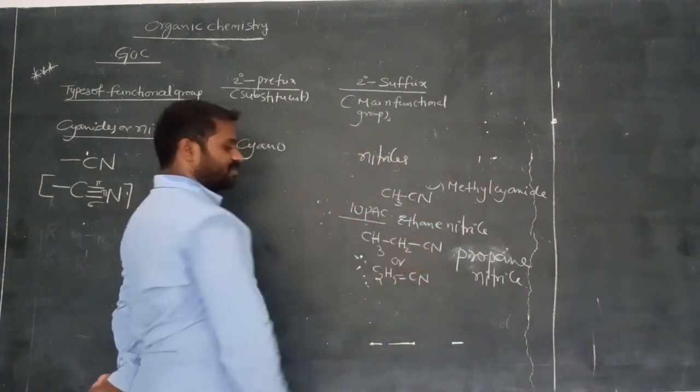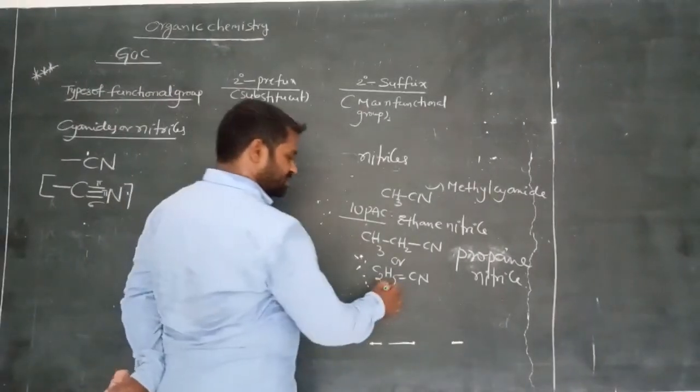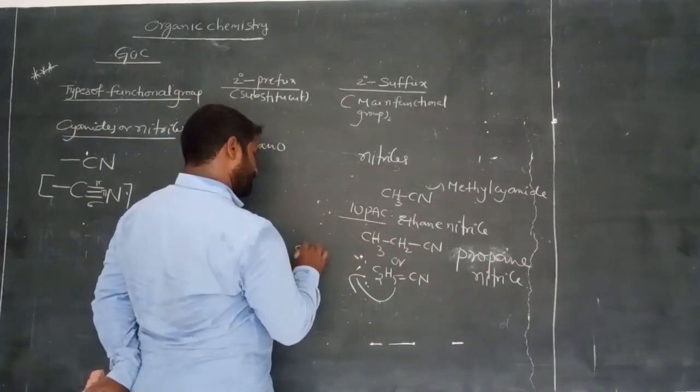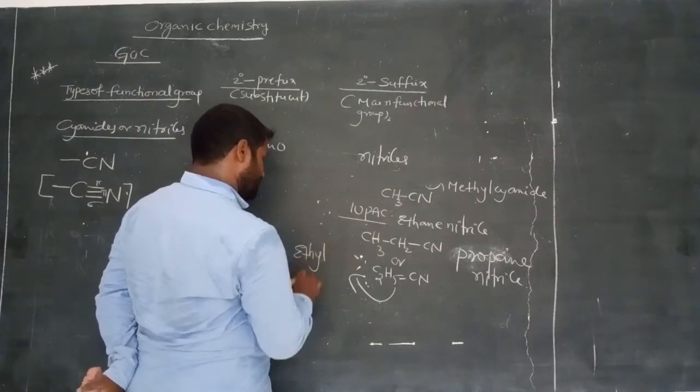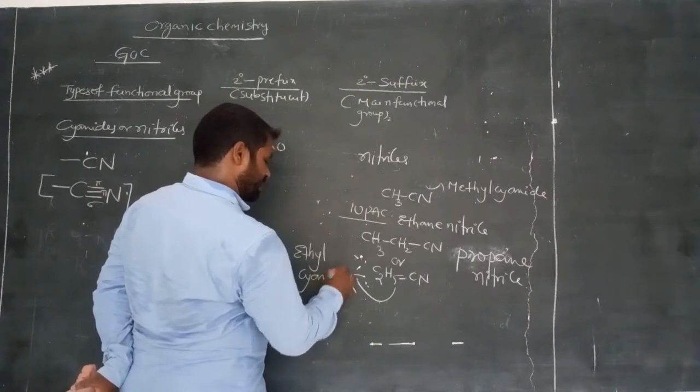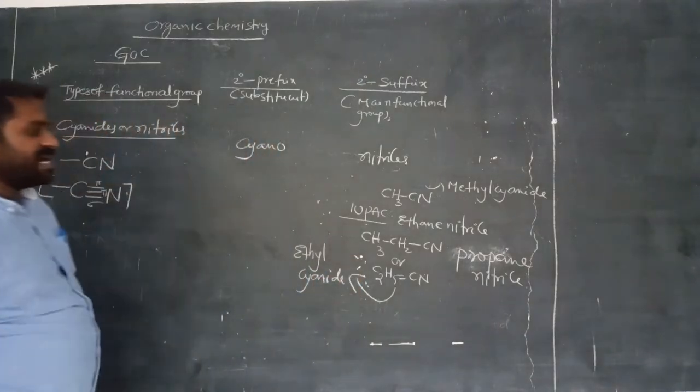This is also countable. Okay. So common name is ethyl cyanide. Clear now up to ethyl cyanide.